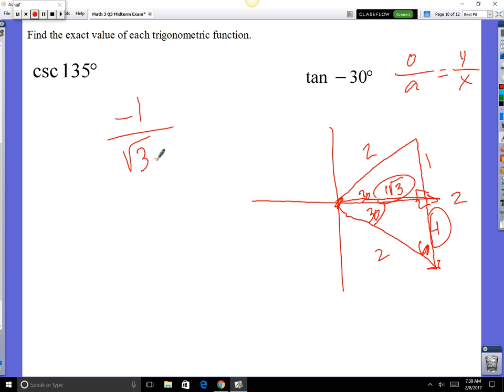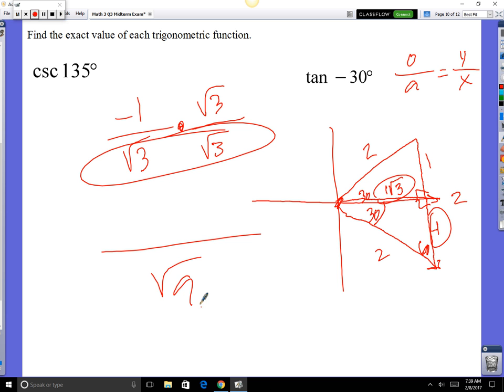So it's a fraction. You've got an irrational on the bottom, so you need to rationalize it. Times it by 1. Let's times it by square root 3 over square root 3, which is just 1. So we're not going to change it. Times your bottoms. On bottom you got square root 9, which is a perfect square. On top you got negative square root 3.